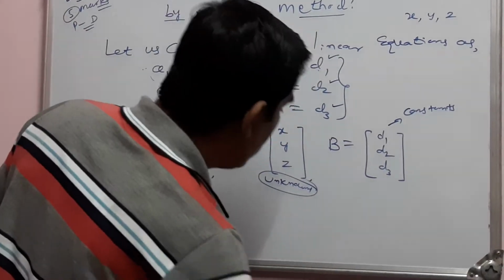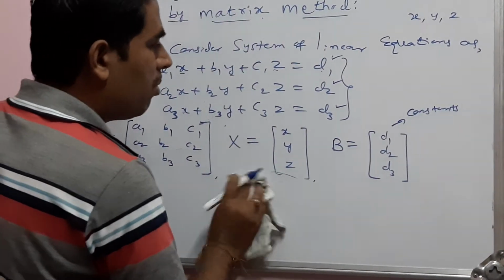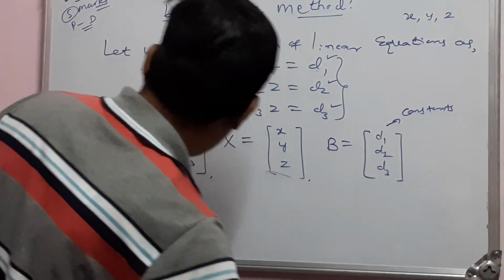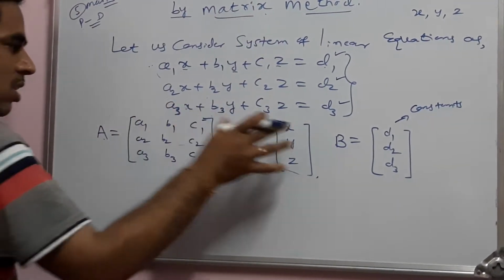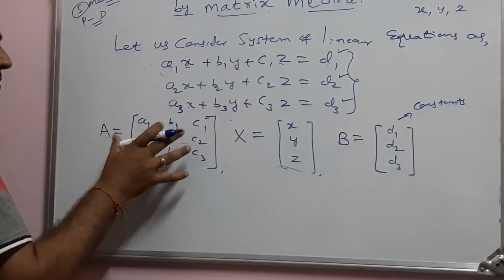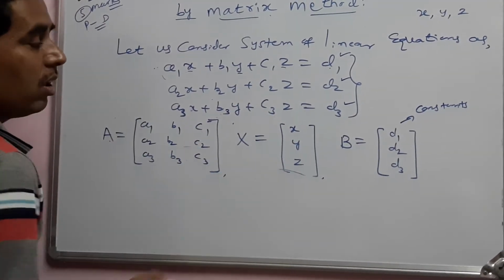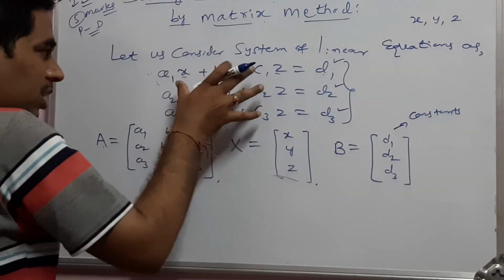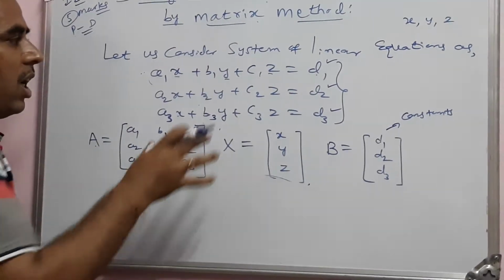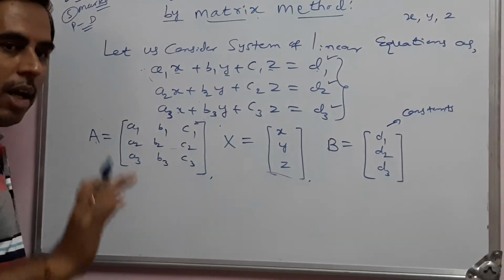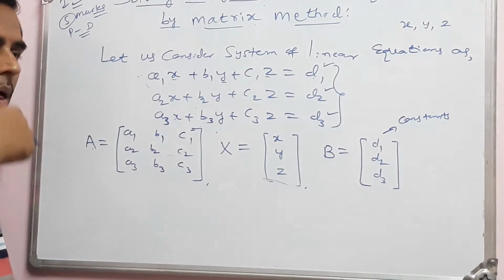So these three we have written in the form of matrices: two column matrices, and one square matrix of order 3 cross 3. Observe carefully, these three equations can be represented in the form of matrices.